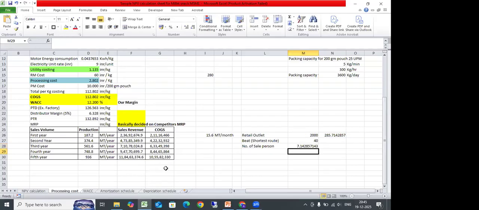Correct. That's why just 7 salespeople. And each salesperson should sell 2 metric tons per month.